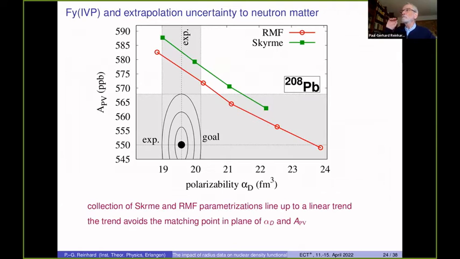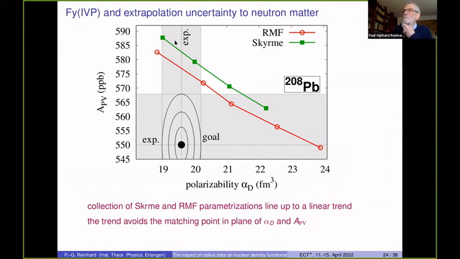Okay, let's look at what happens. This is the experiment in the plane of polarizability and parity violating asymmetry with considerably large error bars, let's say convenient error bars. Here is the target, so to say, the goal we want to hit.